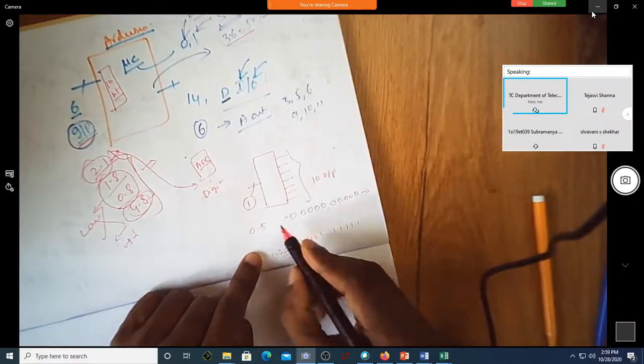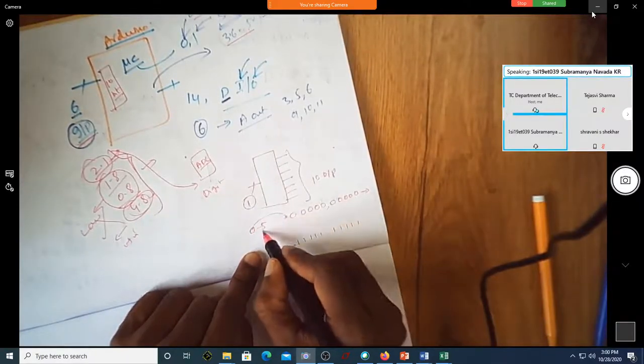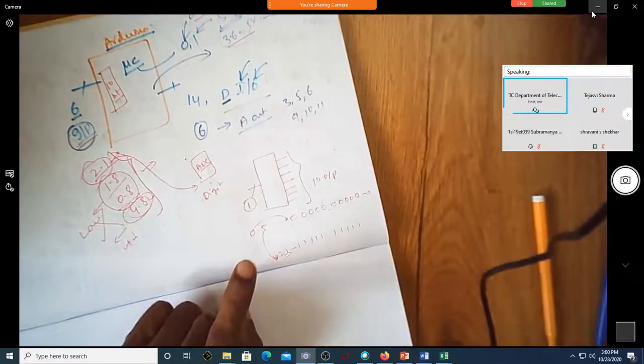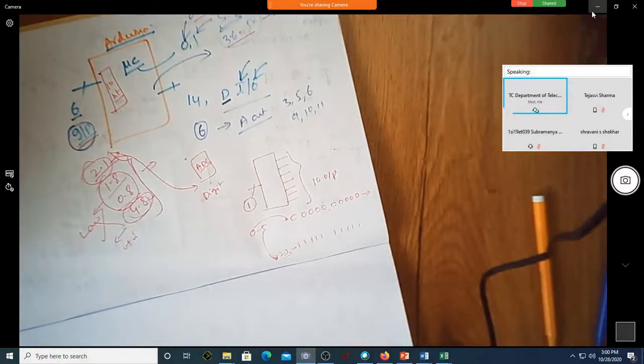Assume that this is for 0 volt and this is for 5 volt. You can treat it as a decoder, but it doesn't decode the value. It gives the digital equivalent of the analog signal. That's why we call it an analog to digital converter. In your decoder, you have a digital value, and then the output is also digital.